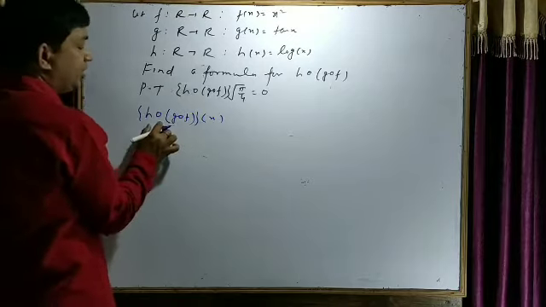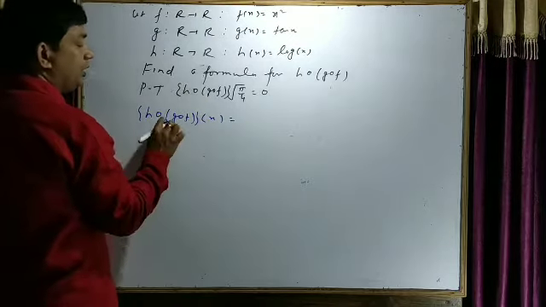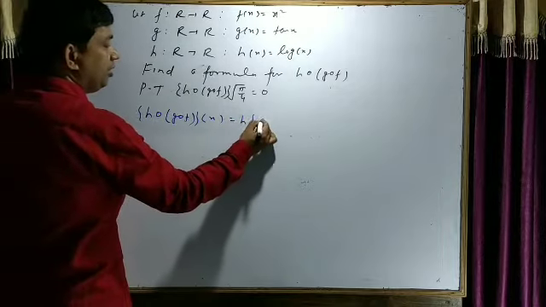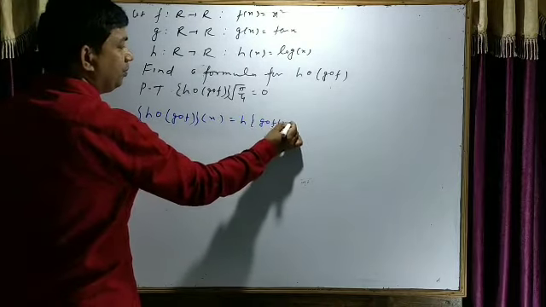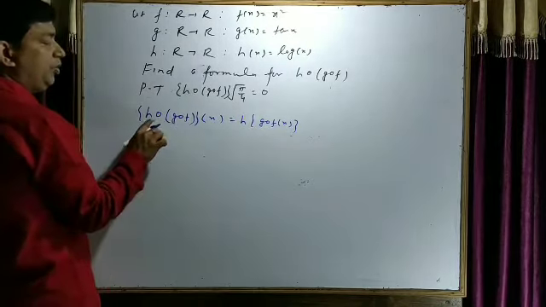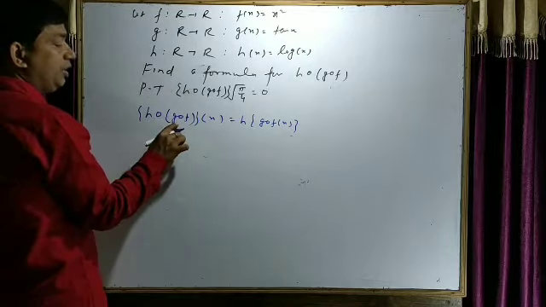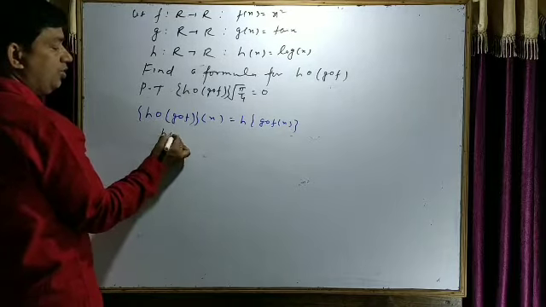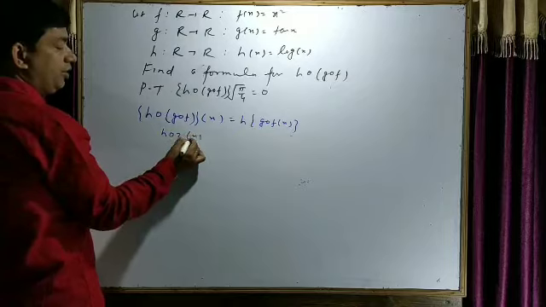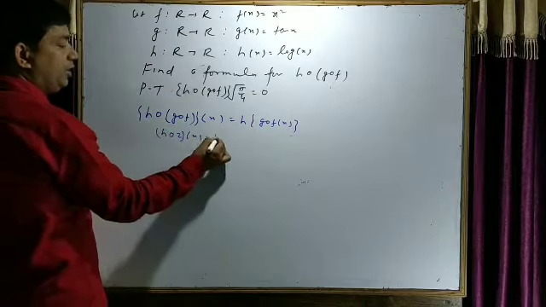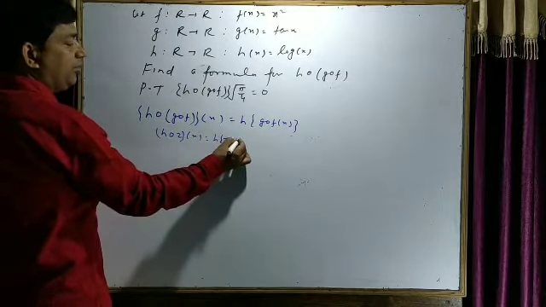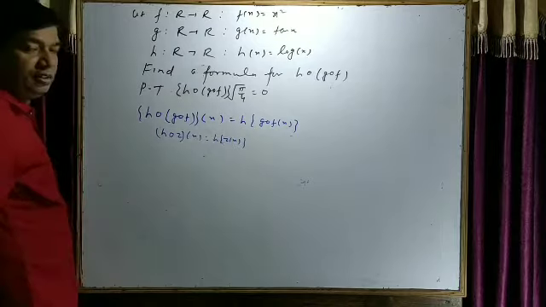So z of x, now we can write this as h ∘ z of x, that is h of z of x. In place of z, g ∘ f is there.